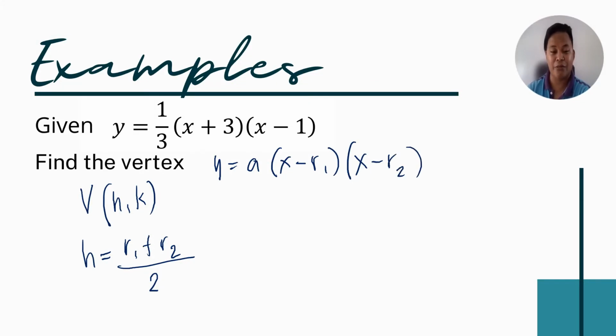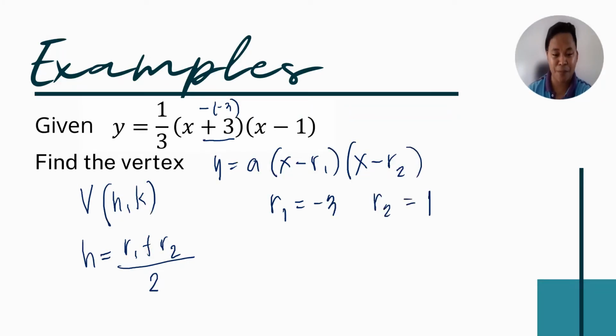Therefore, in this given quadratic function, r sub 1 is equal to negative 3, since the sign here is plus and here it is minus. So, we can write it as negative times positive 3, which is negative 3. And r sub 2 is equal to 1.